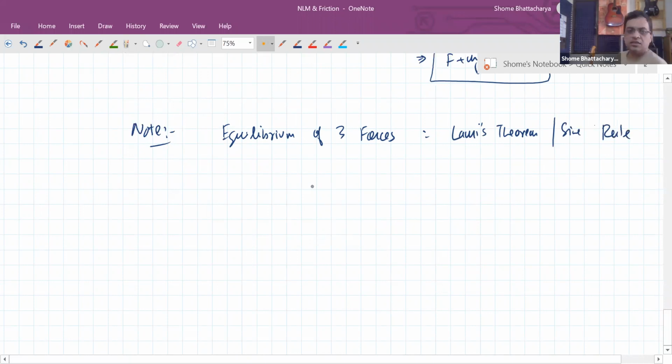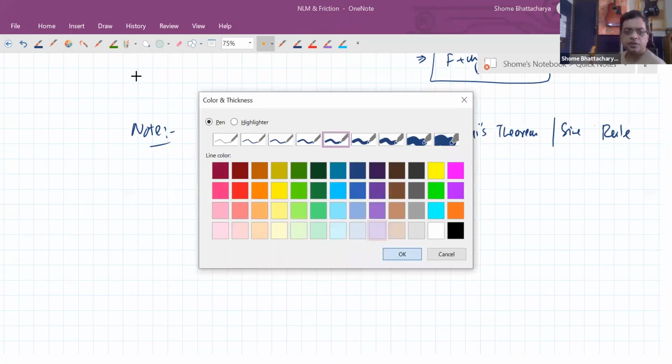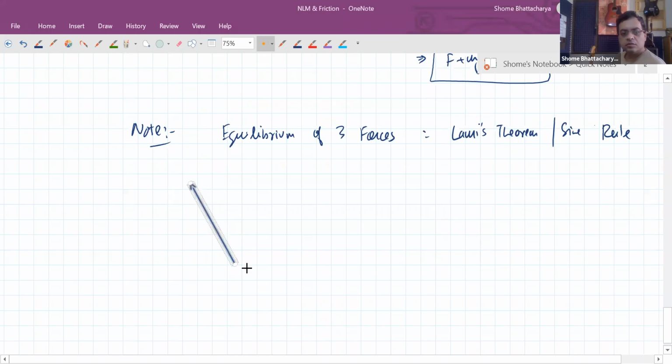That is the easiest way to deal with something like this. So I will just quickly illustrate that. So these are the three forces whose vector sum has to be 0.